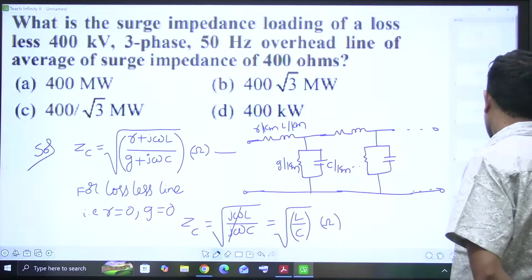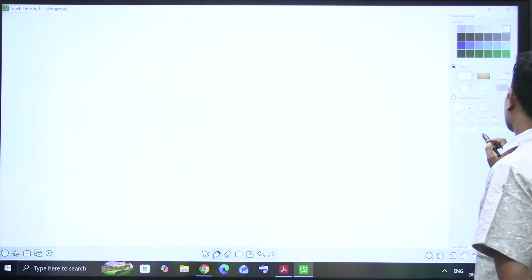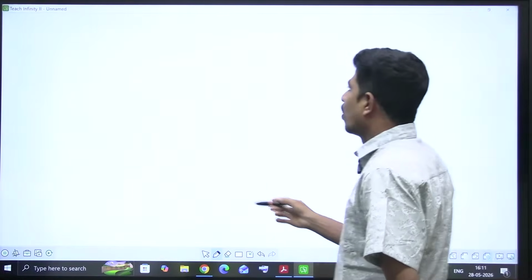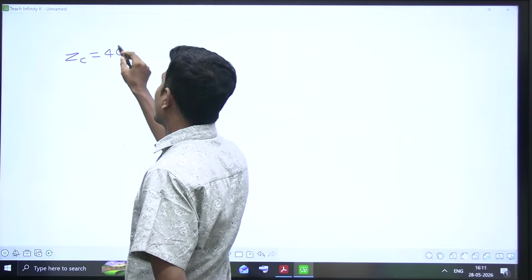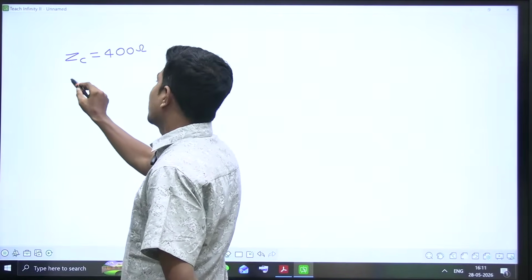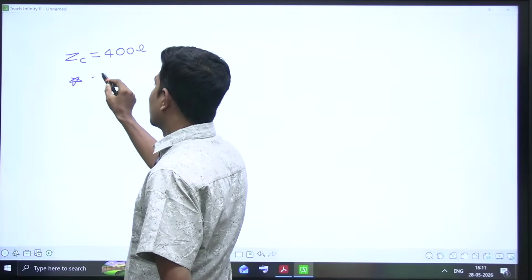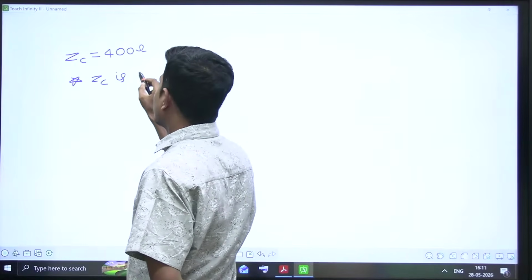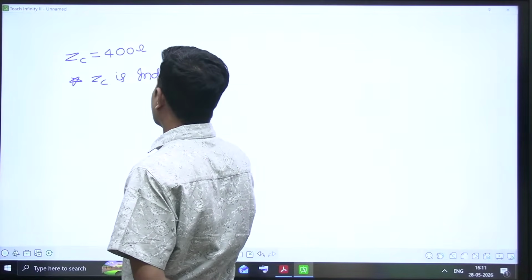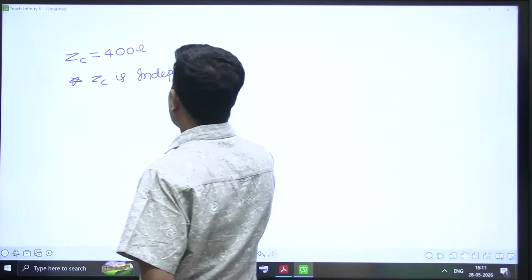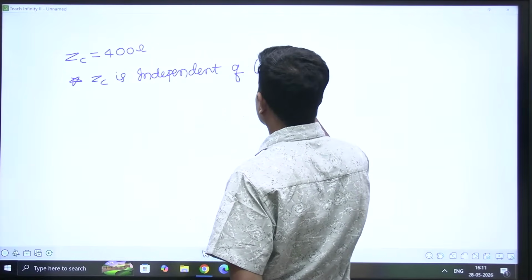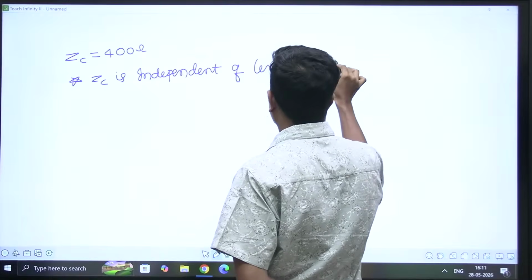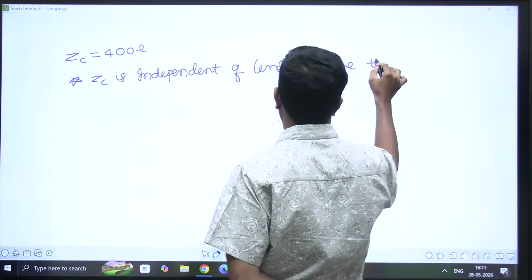But fortunately or unfortunately, that fellow has given the value of ZC here as 400 ohms. One very important point here is that ZC is independent of the length of the transmission line.